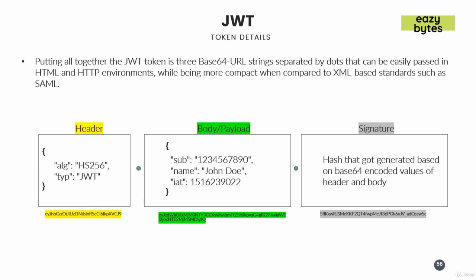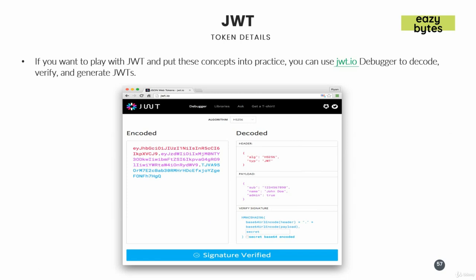In this way, you can maintain the credibility of your token and make sure no one tampers with your token in the network. If you want to play more with JWT, you can go to the website jwt.io, which is dedicated to JWT tokens. You can put a sample encoded value on the left hand side, and it will give you the header value and the payload from that encoded value, because our header and body are simple base64 encoded.